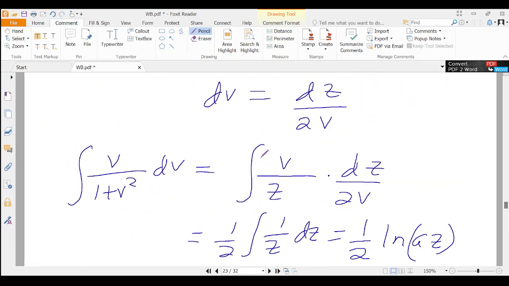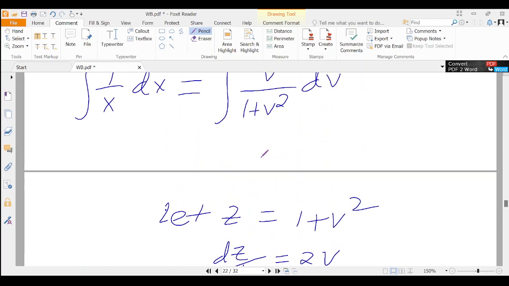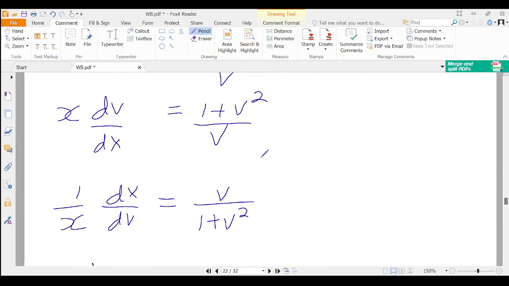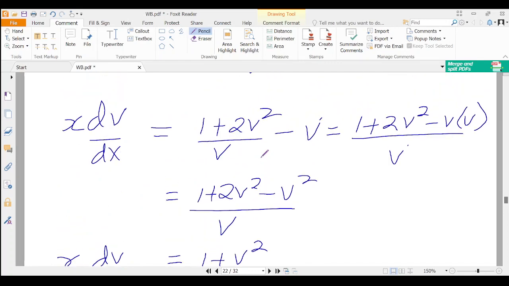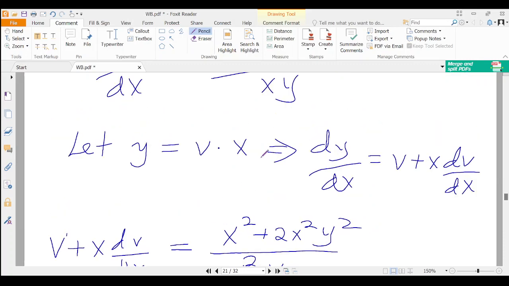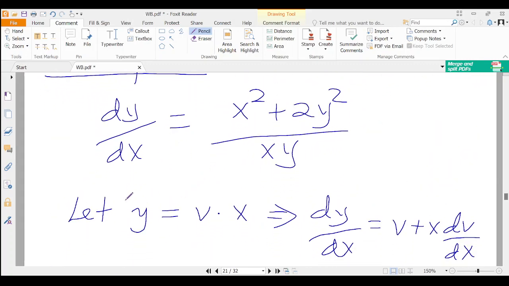Notice that for you to use this method, the differential equation has to be homogeneous. You must verify that first. Once you establish that the differential equation is homogeneous, then use the transformation y is equal to v times x, and therefore the derivative of that is v plus x dv dx.